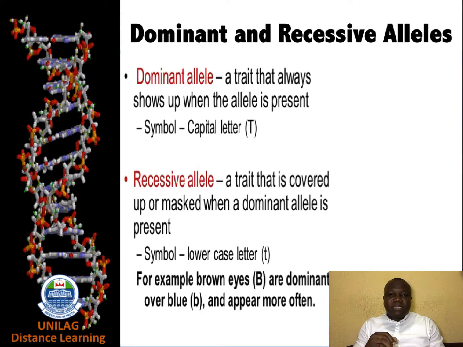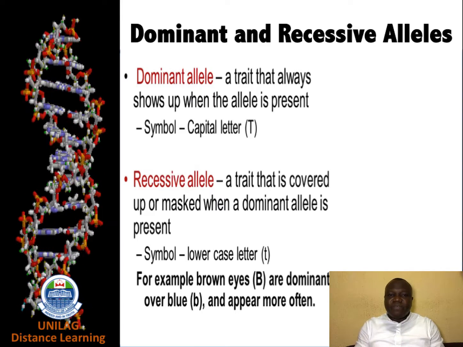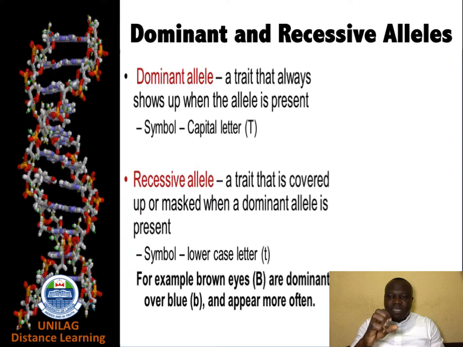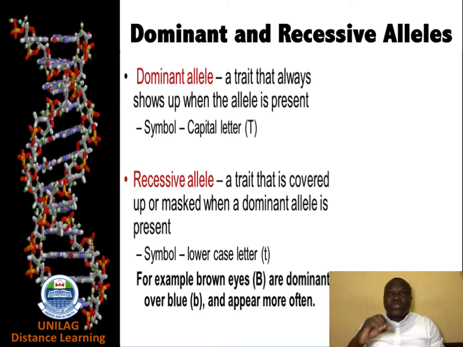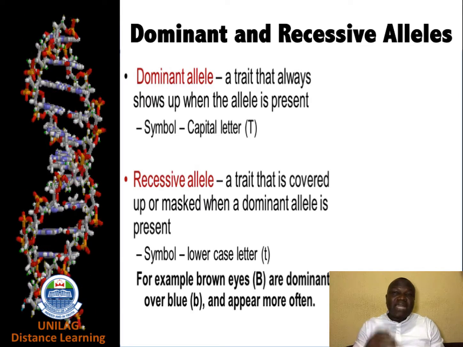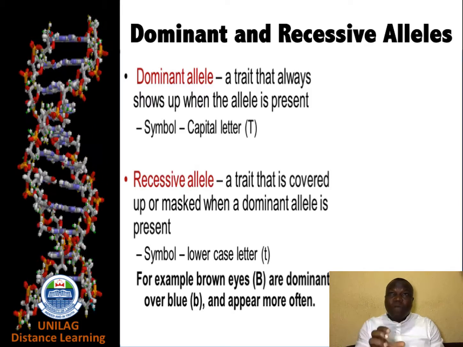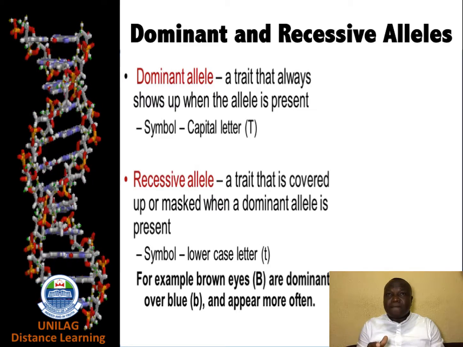Now, let's consider the concept of dominance and recessiveness in alleles. Now, a dominant allele is one whose traits always show up in the organism when the allele is present. A recessive allele is covered up or masked whenever the dominant allele is present.